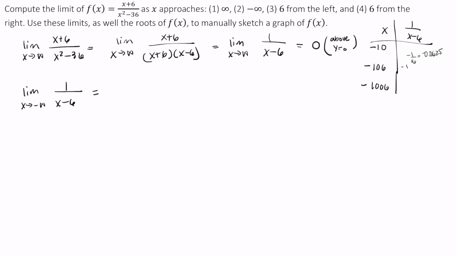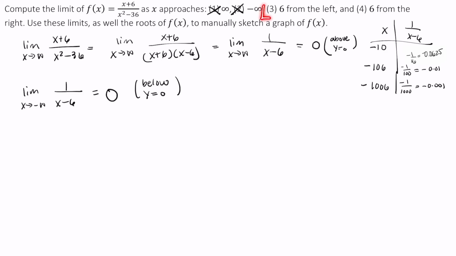Next, I end up with negative 1 over 100, which is negative 0.01. And finally, I end up with negative 1 over 1000, which is negative 0.001. So this tells me that I am approaching 0, but I am approaching it from below the x-axis. All right, so this limit is done.